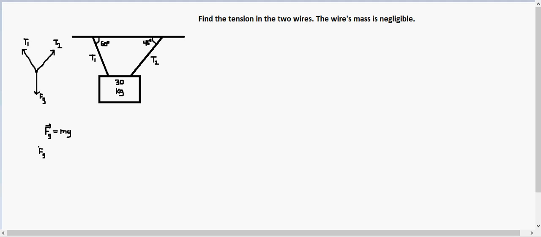Fg equals 30 kilograms times 9.81. I've got to find the magnitude of the force of gravity, so I'm not going to put the negative for g.